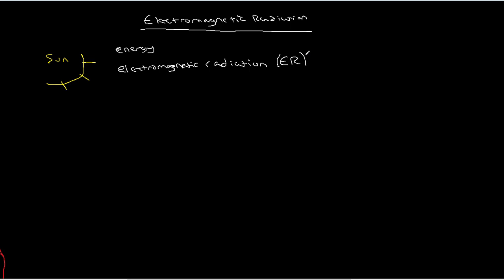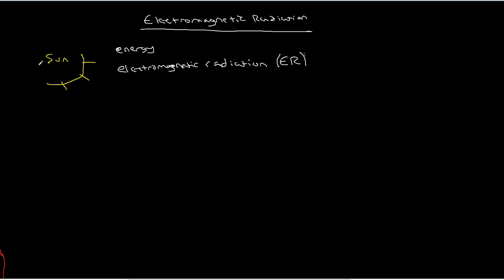Now, hopefully this isn't your first time hearing about electromagnetic radiation, but if it is, just to recap what this concept is, it's the idea that anything with a temperature above absolute zero has electrons moving around atoms. And these electrons change state, right? Chemical reactions produce energy, causing electrons to change states.